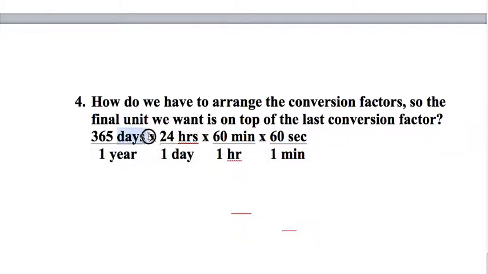I get 365 days in 1 year, and notice that the days in the first ratio cancels out with the days in the next. Then I need to get rid of my hours, and note that hours in the second conversion factor cancels out with the hours in the bottom of the third conversion factor. And then my minutes cancel out. And I'm left with seconds.